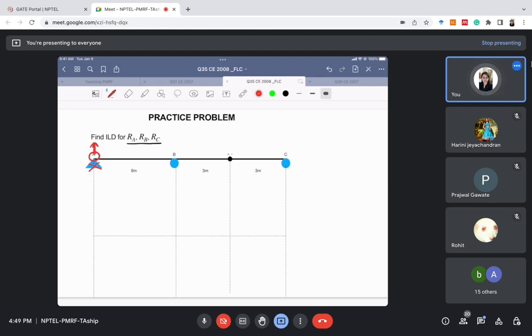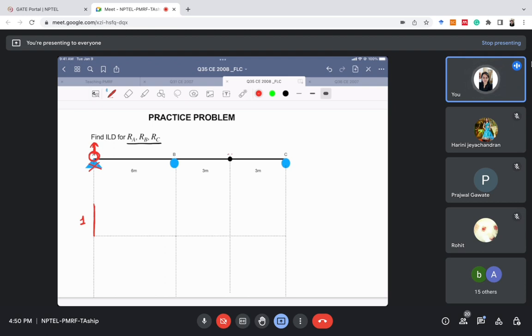Whatever will be the deflected shape will simply be the ILD for RA, right? I've displaced it by one unit amount and pulled it upwards.